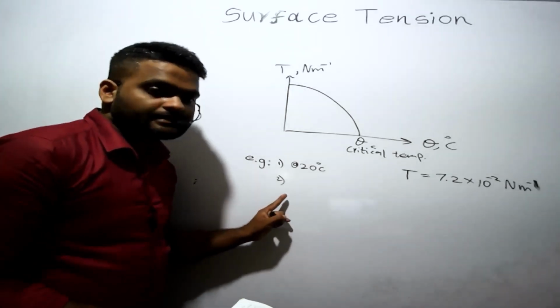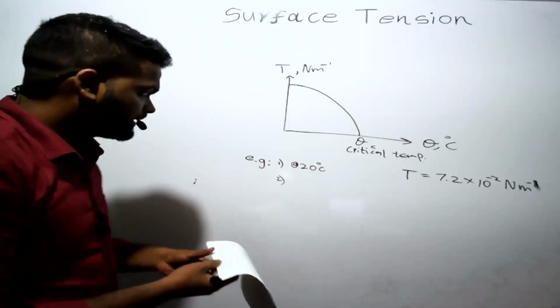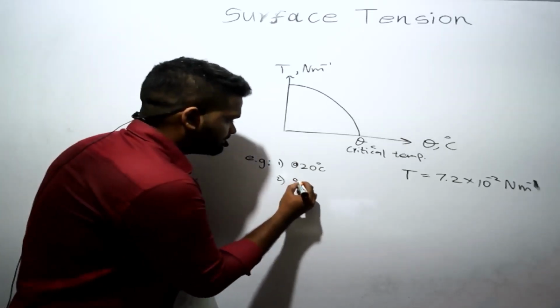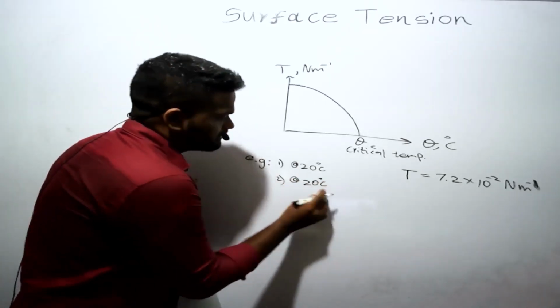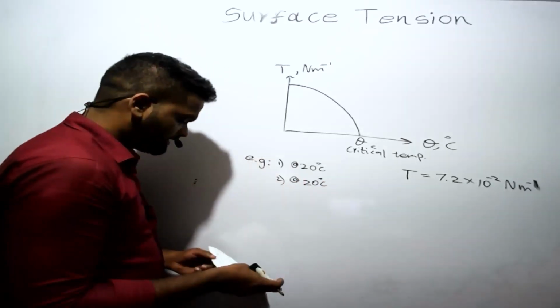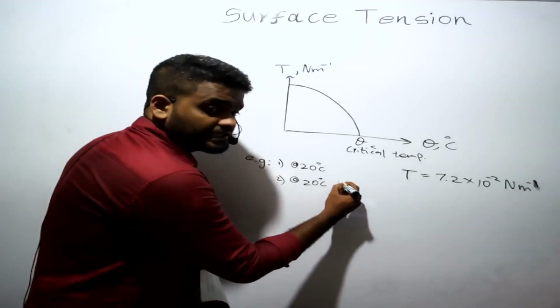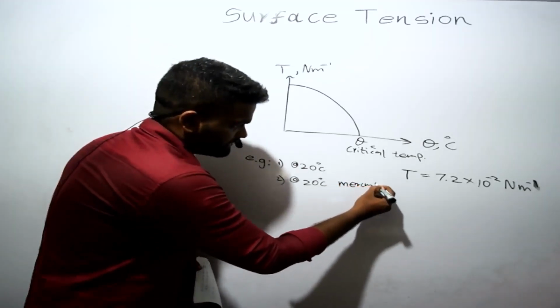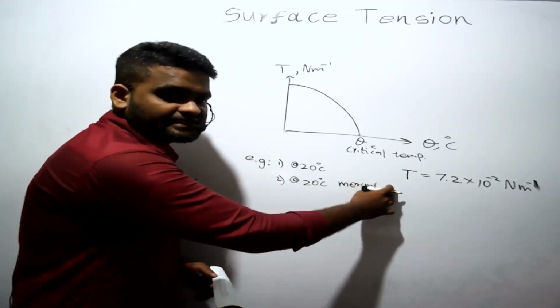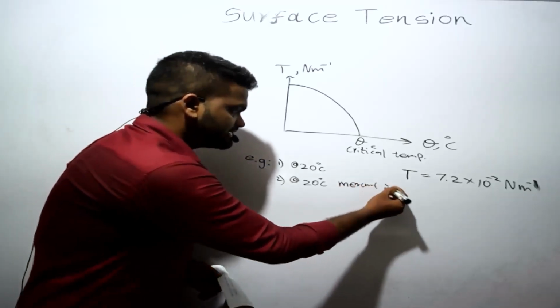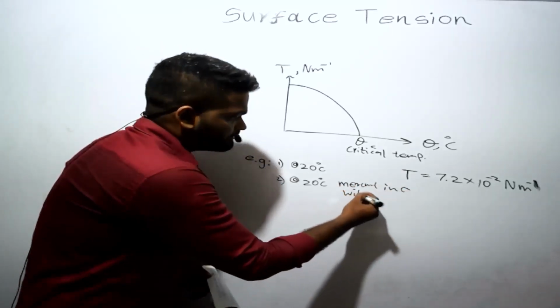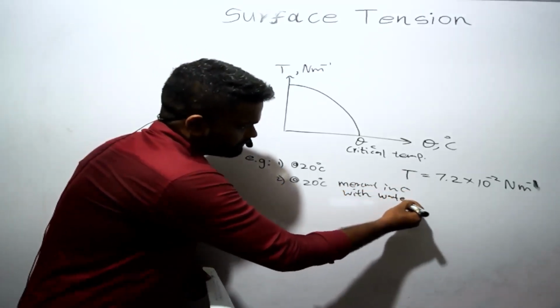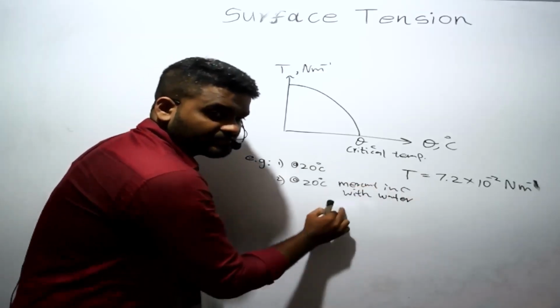Then the second one, at the same temperature, write down mercury in contact with water.